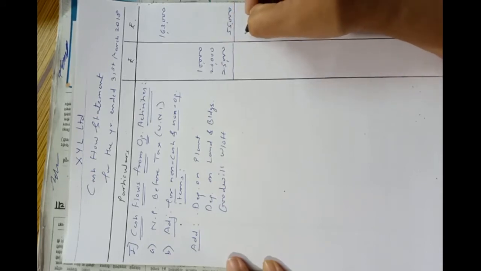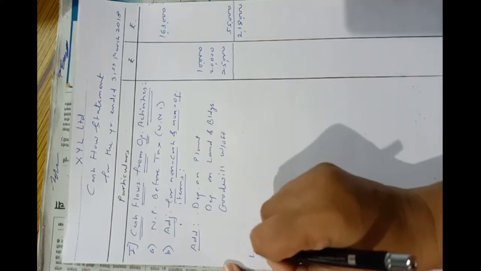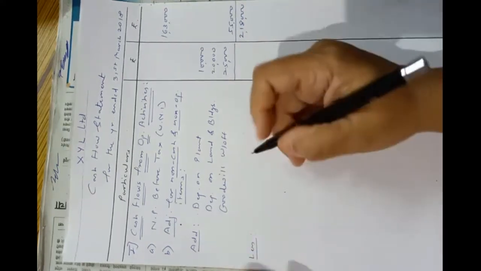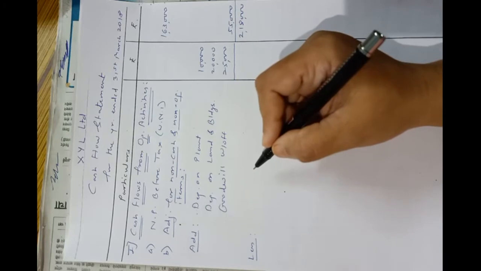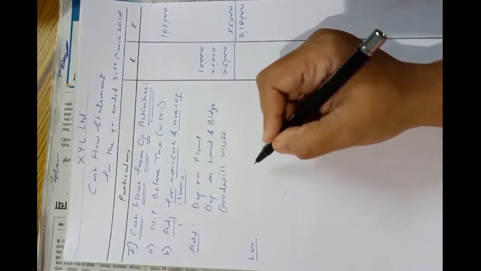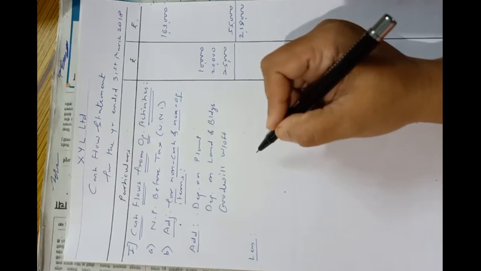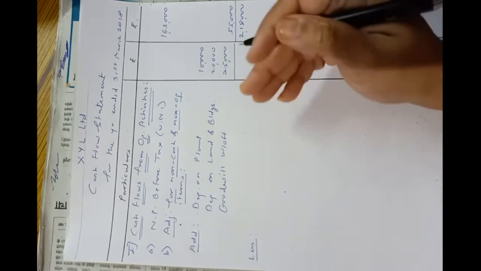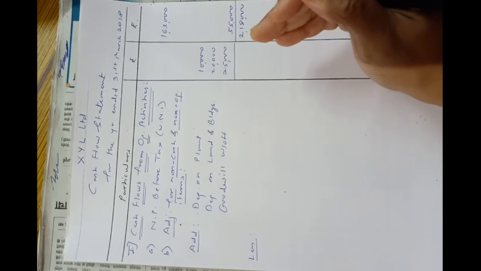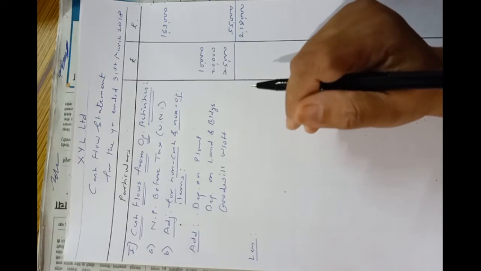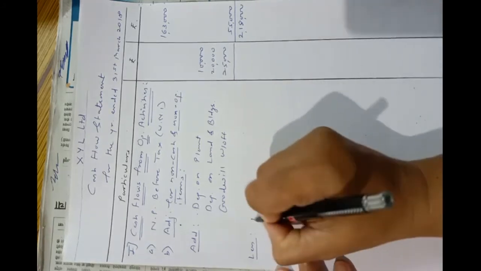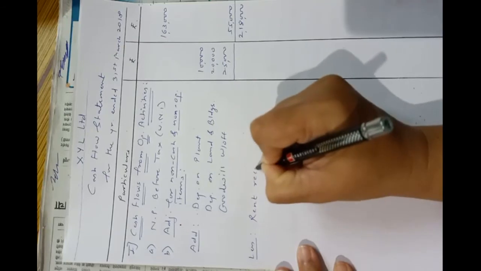So it will be 2,18,000. Okay. Now less. See, we have to deduct non-operating items, that is non-operating incomes, etc. In this problem, in the last adjustment, rent received during the year rupees 10,000 is given, and rent received will be deducted here because it is related to investment in property. So it is an investing activity. Okay. So we will show it in investing activities and we will deduct it from here. So rent received, as it is non-operating income.